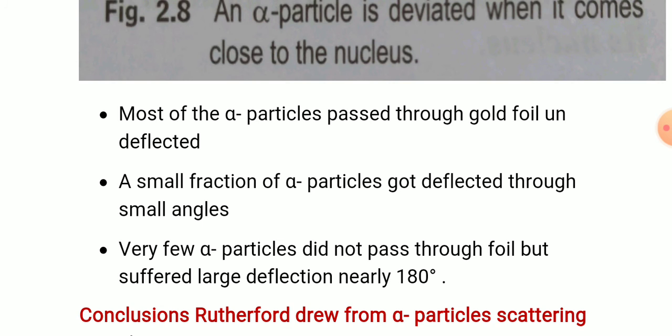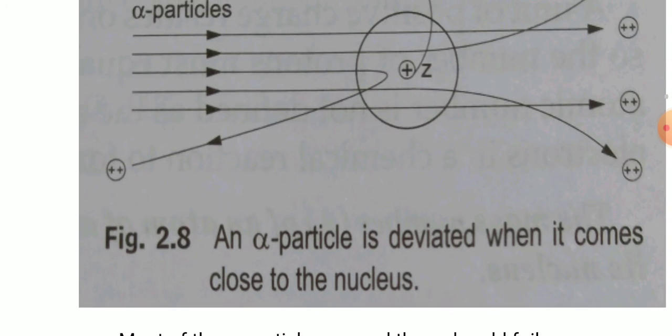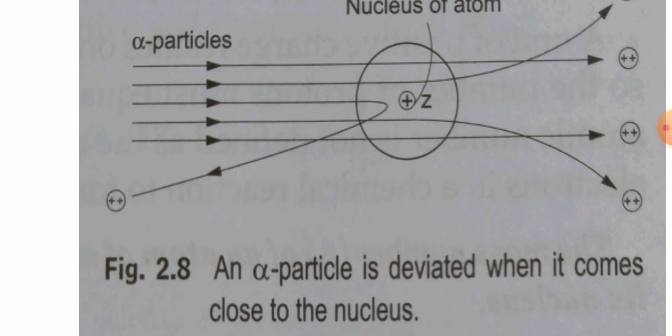The conclusion or observation of the alpha particle experiment: most alpha particles pass through the gold foil undeflected, and a small fraction of alpha particles got deflected through small angles. Very few alpha particles did not pass through the gold foil but suffered large deflection, nearly 180 degrees, because these particles directly collide with the positively charged nucleus.